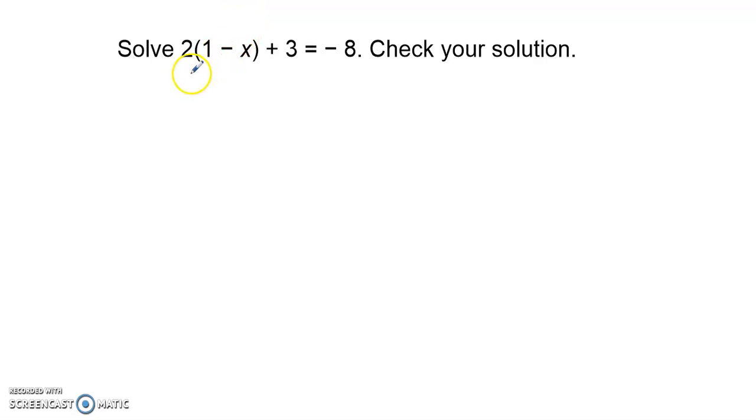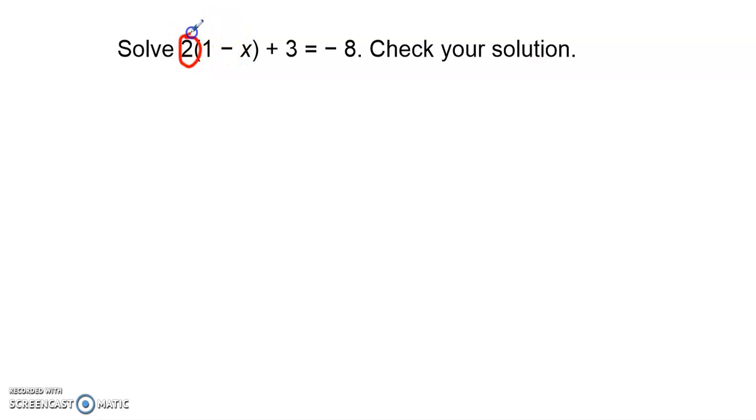Alright, we've got 2 and then parentheses 1 minus x plus 3 equals negative 8. So in this problem we need to distribute. So that means that we need to have this 2, and then we have to times it by everything inside the parentheses.